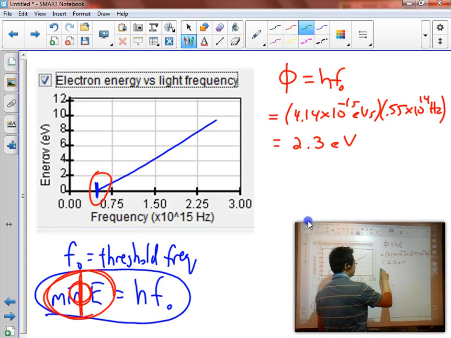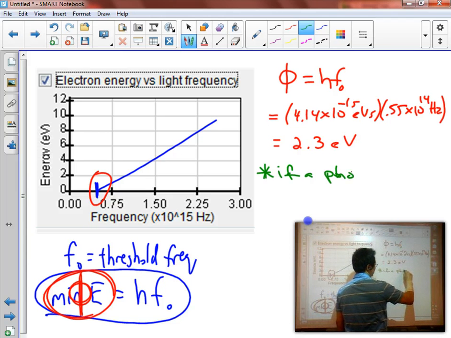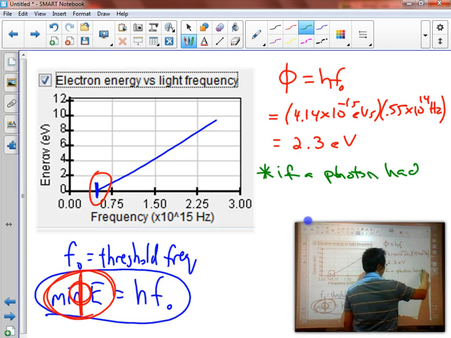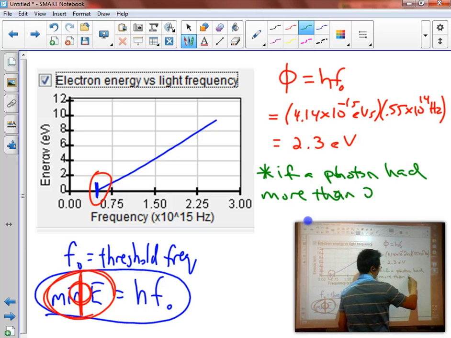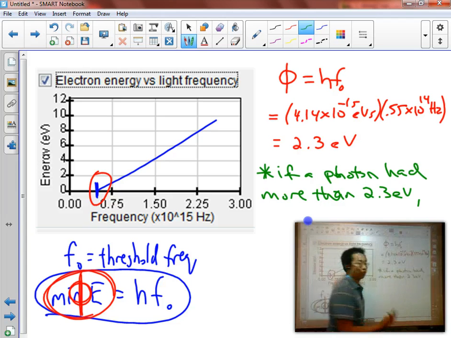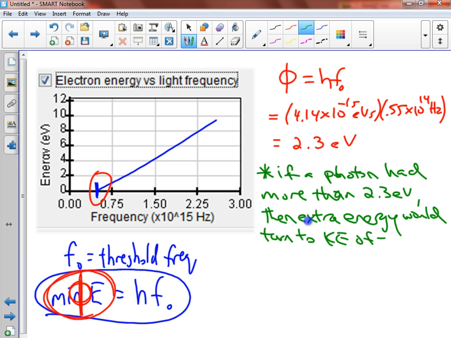Okay, so if a photon had more than 2.3 electron volts, then the extra energy would turn to the kinetic energy of the electron.